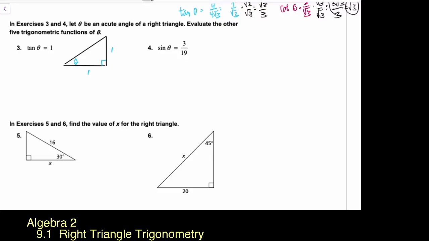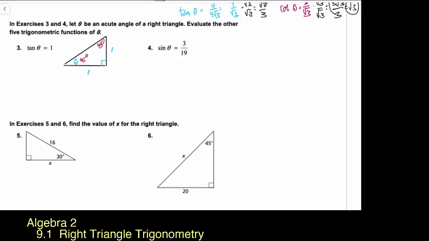Think, what type of a right triangle do we have here? If 2 legs are the same, this is an isosceles triangle. And if it's an isosceles right triangle, these 2 missing angles are both 45 degrees.